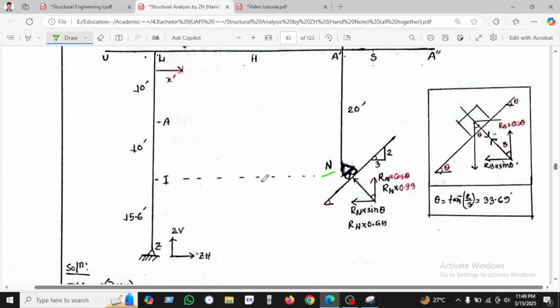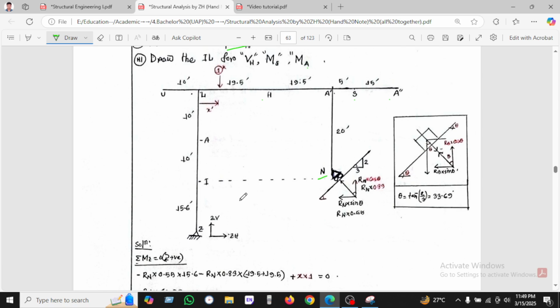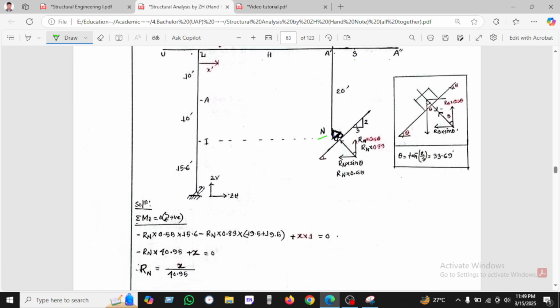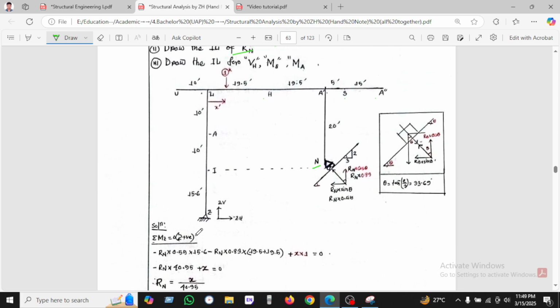Okay, so now I'm going to calculate the moment. I'm taking the moment in that portion. So Rn equal to 0.55, and the distance will be this distance, which is given here as 15.5.